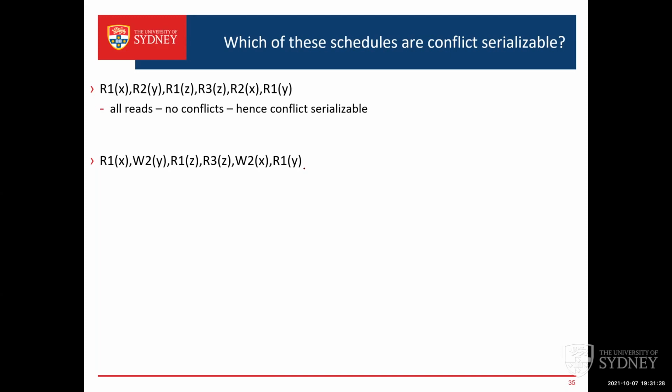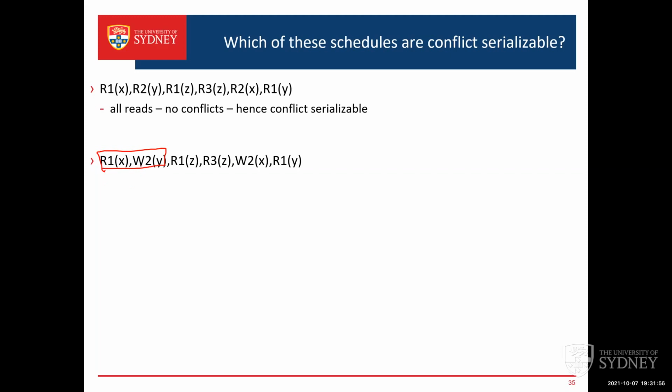Someone says 2. Which 2 are we talking about? Let's start with X. Are these 2 a conflicting pair, because I have a read and write?